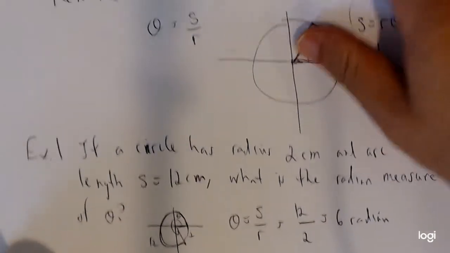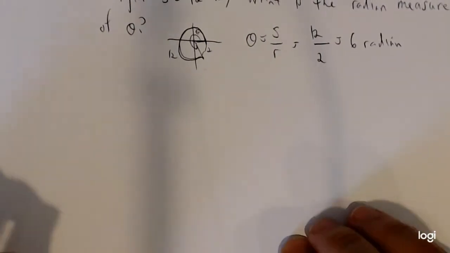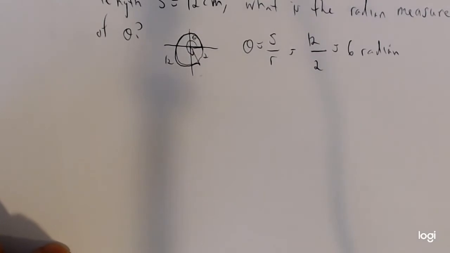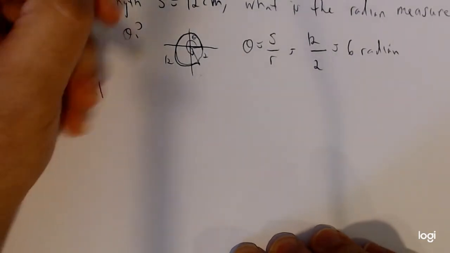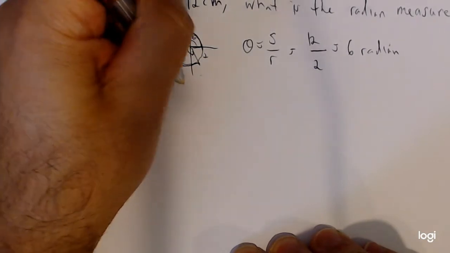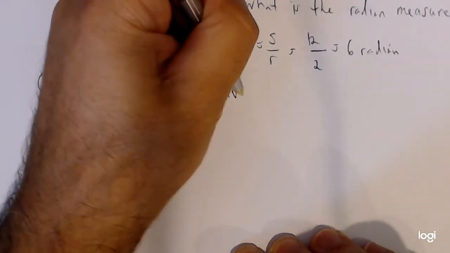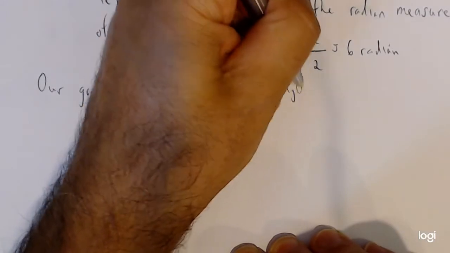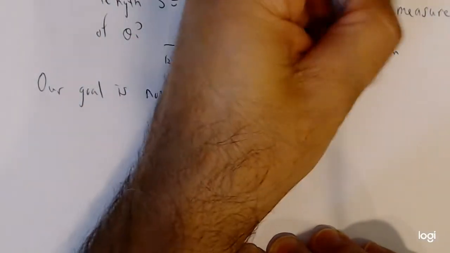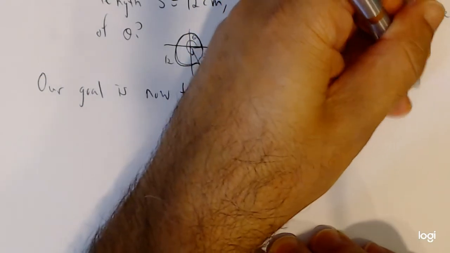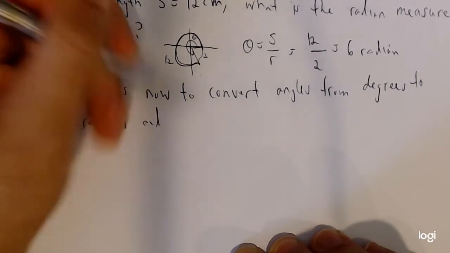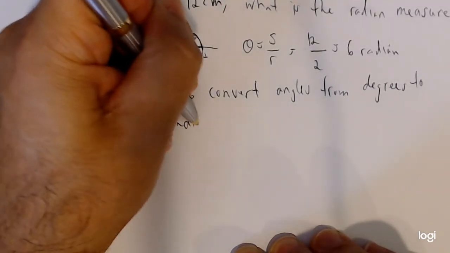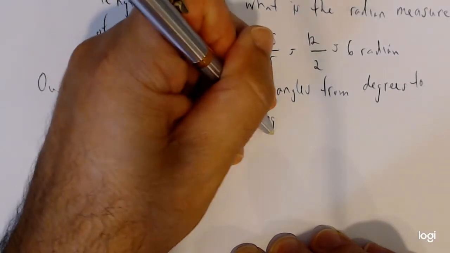Since we're describing angles in radians, we should have a conversion between radians to degrees and vice versa. So our goal is now to convert angles from degrees to radians, as well as radians to degrees.